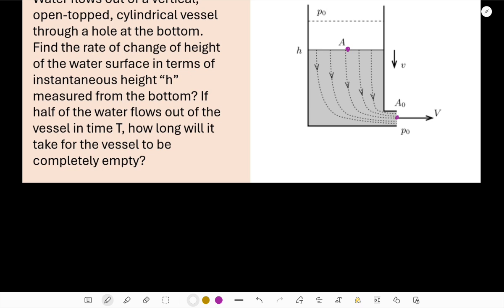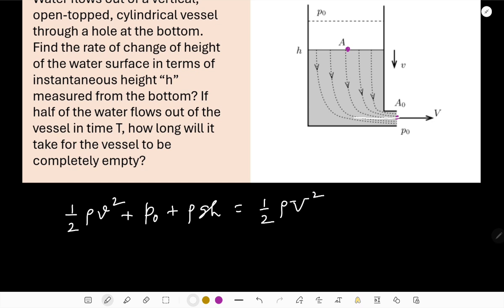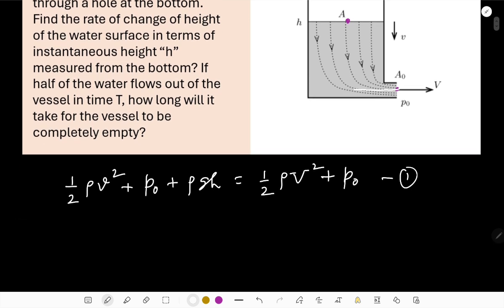At the top, the velocity is v, so I can write kinetic energy per unit volume as half rho v square, plus pressure there is P naught, atmospheric pressure, and I can use this level as the reference level for writing gravitational potential energy per unit volume, so that I can write here rho gh, and that will be equal to the kinetic energy per unit volume of flowing out water as half rho V square, plus pressure energy per unit volume is P naught, and rho gh here is 0.